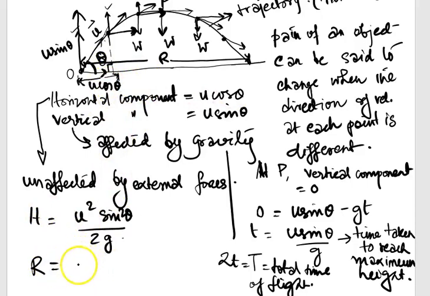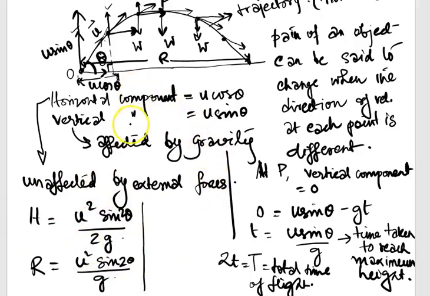And that is u square sine 2 theta by g. So this you can try at home and figure out how these come into being.